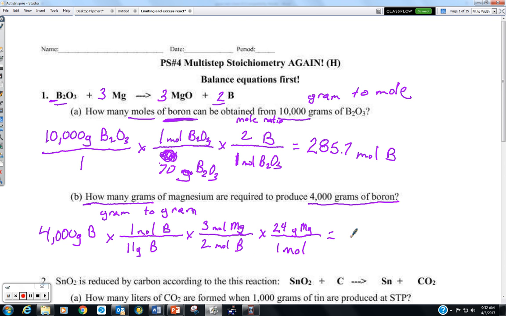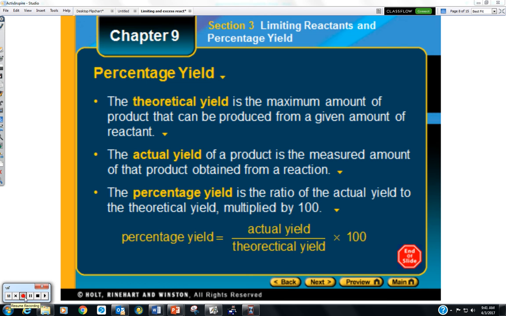And this is going to be a fairly large number, but we should end up with 13,090 grams of magnesium. All right, any questions?